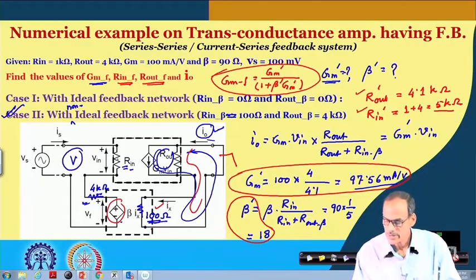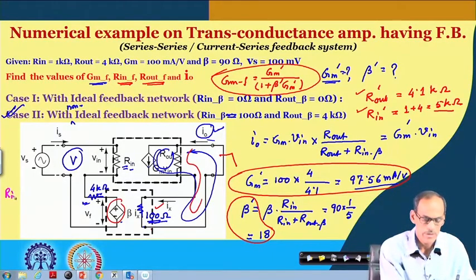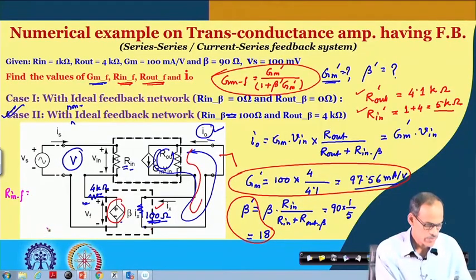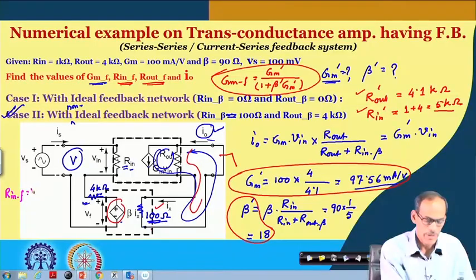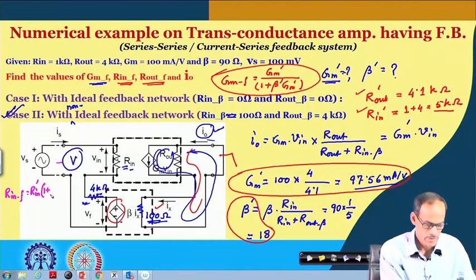So, likewise, when you consider R in of the feedback circuit, what should we consider? We should consider R in load affected, and we know that input resistance is getting increased by a factor of 1 plus beta dash into GM dash.